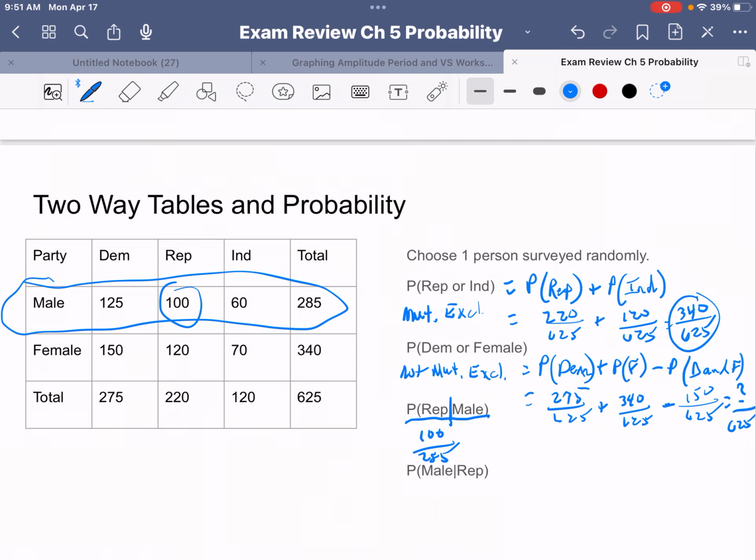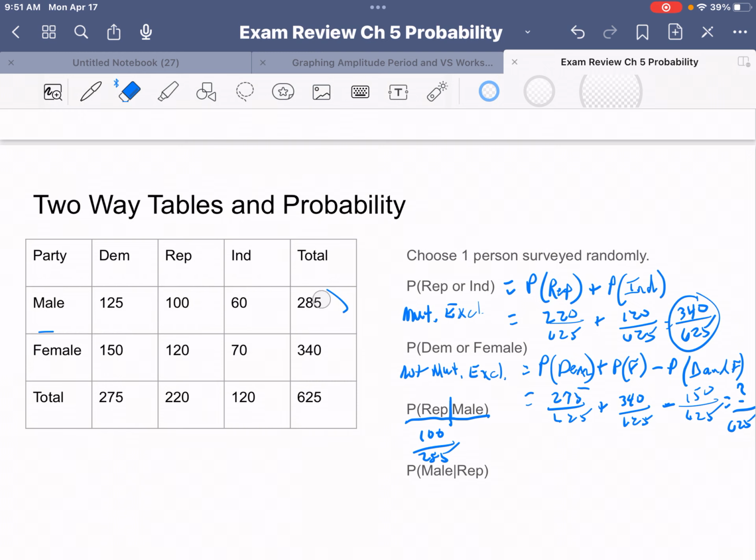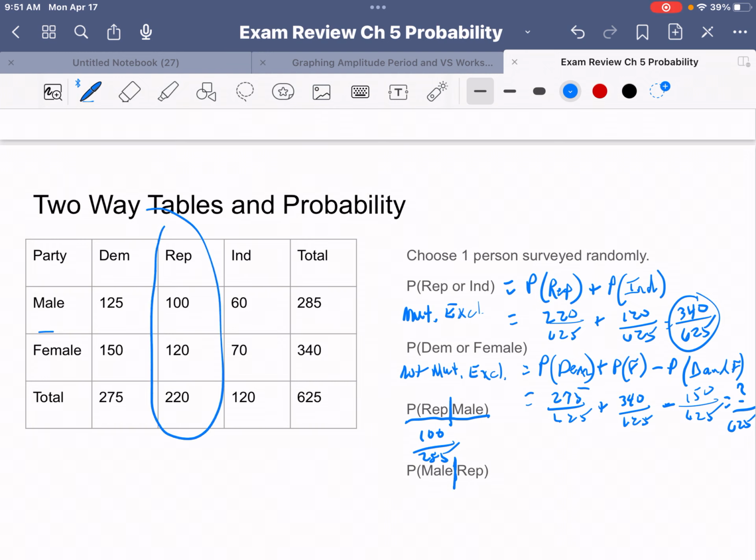But then if you switch it around, what is the probability that it is a male given that the person is a Republican? Well, that means this time if we're given that the person is a Republican, we're talking about just the Republicans. And of them, 100 are male, so this is 100 over 220. So hopefully you can look back and remember that probability from two-way tables. Notice on these two problems, I did not use the conditional formula, but that it would work.